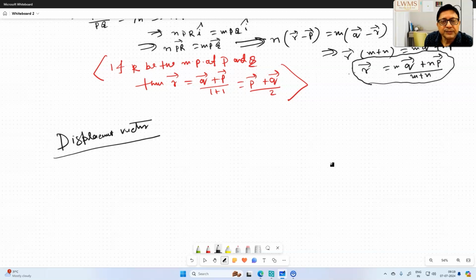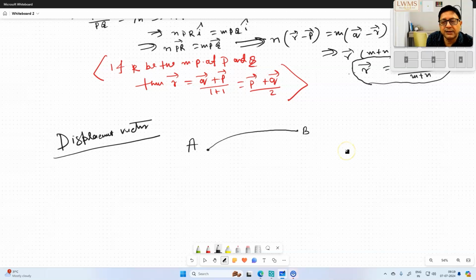In 2D, suppose a particle goes from the point A to this point B by following a curve like this. Particle going from A to B via this curve, not a straight line. If you say the displacement vector will be AB, okay, I agree. But the particle need not move along the straight line here. It is going along this curve. The displacement vector is this.